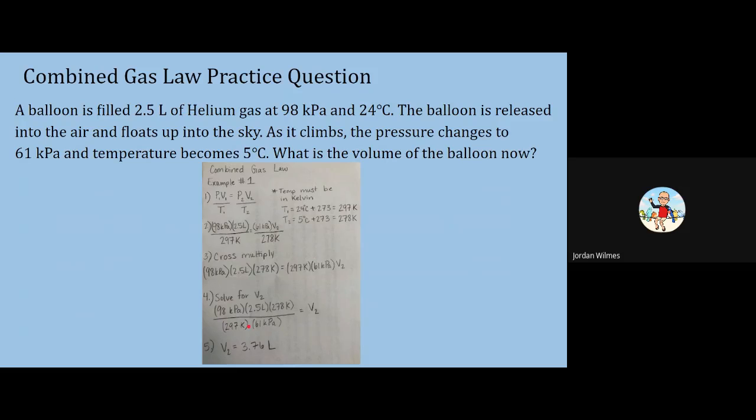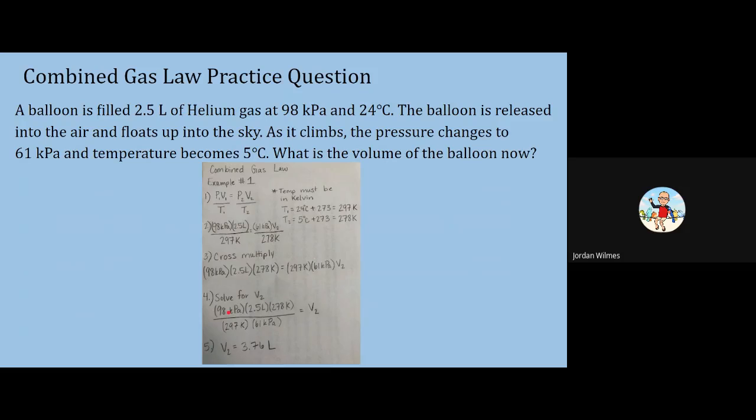Now, please, please, please make sure you're being careful when you put this into the calculator. It kills me when you've done all of this work right, and then you get to this step, and you accidentally push the wrong button, and you get the wrong answer. And then you think you've done everything wrong, which you didn't. It was just you hit the wrong button. Here's what I would do.